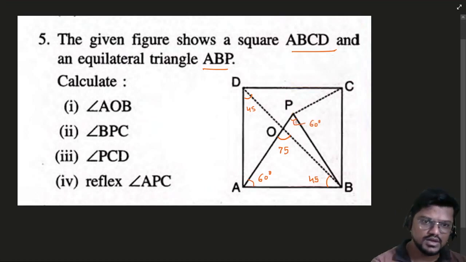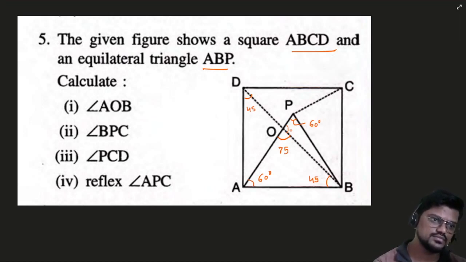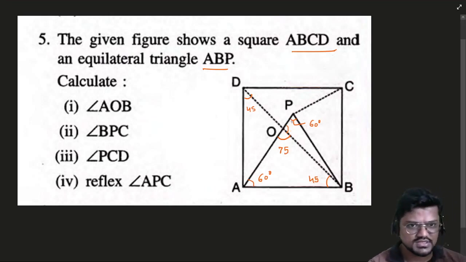Now, if this is 75, what will be this angle? 180 minus 75, because AOP is a straight line. So this angle will be 105.